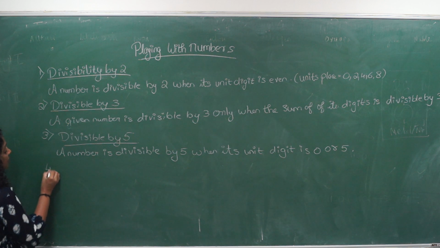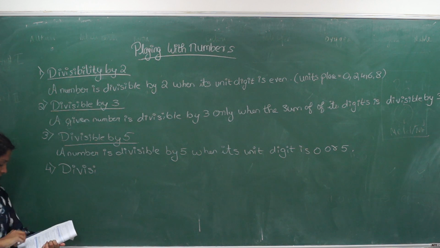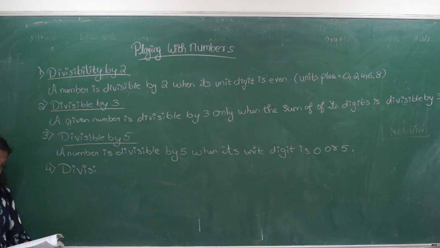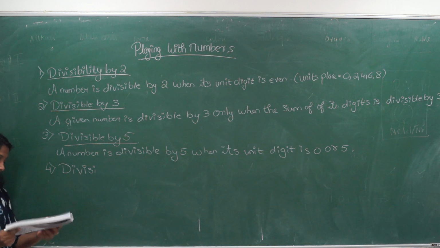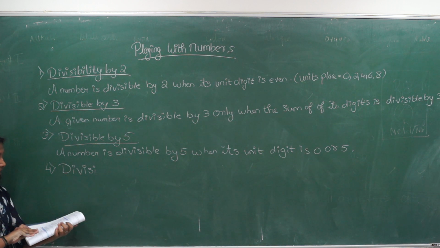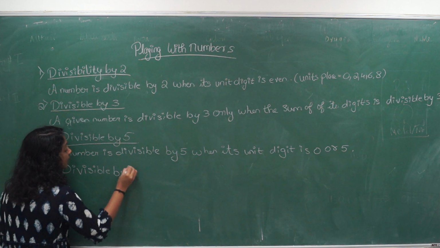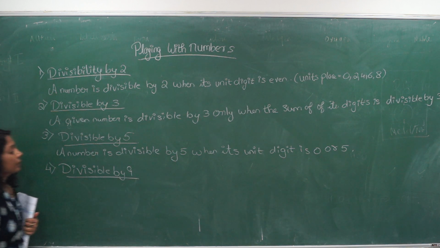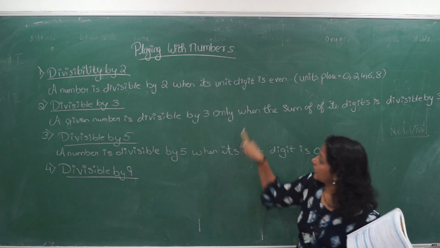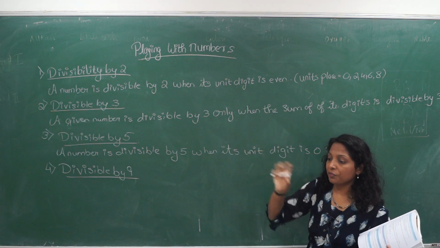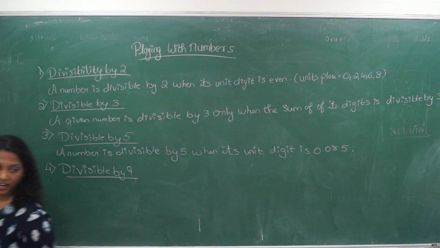Now the fourth one is divisibility by 9. This is in the textbook, but we take it in a different sequence. Like with 3, the sum of digits should be divisible by 3. Here the sum of digits should be divisible by 9.